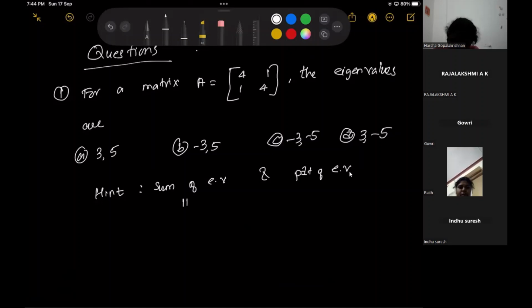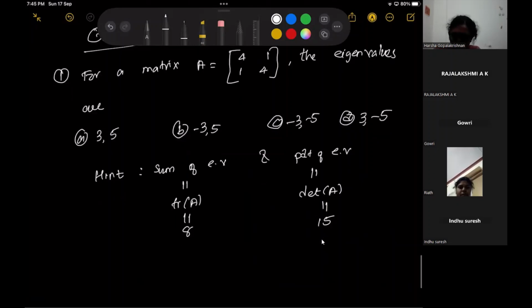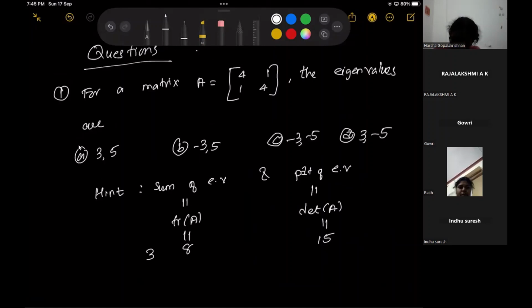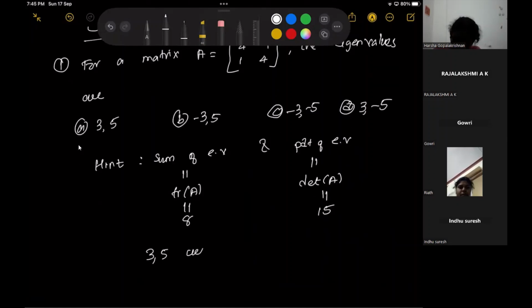The sum of eigenvalues is equal to the trace of A, and the product of eigenvalues is the determinant of A. The trace of A is the sum of the diagonal entries, 4 plus 4, which is 8, and the determinant of A is 16 minus 1, which is 15. From the options, only 3 and 5 is possible: 3 plus 5 is 8, and 3 into 5 is 15. So option A, 3 and 5 are the eigenvalues.